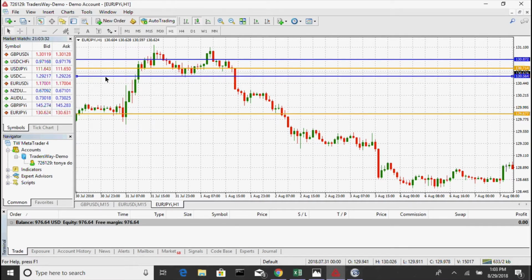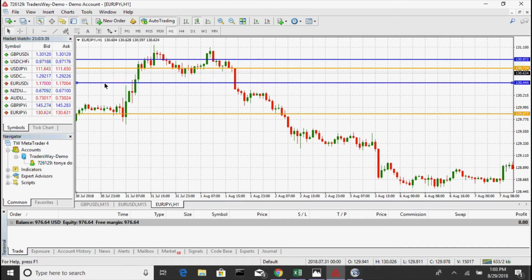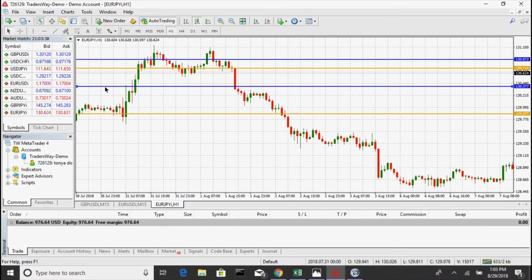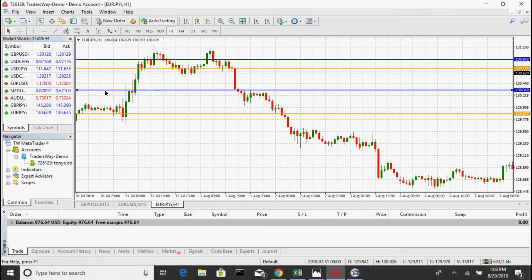Bring it down a little bit more. Looks like I've got about 4 points of contact there. 2, 3, 4. Bring it down a little bit. Those are about 31 pips apart.